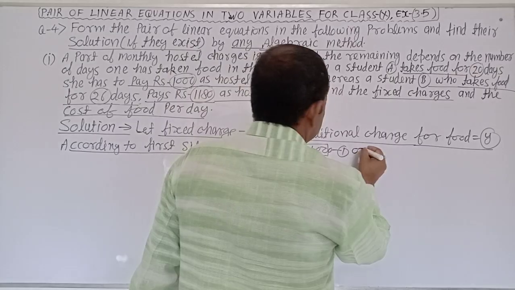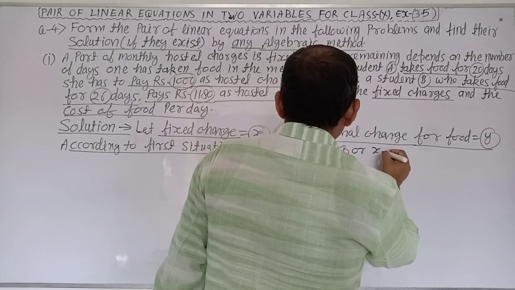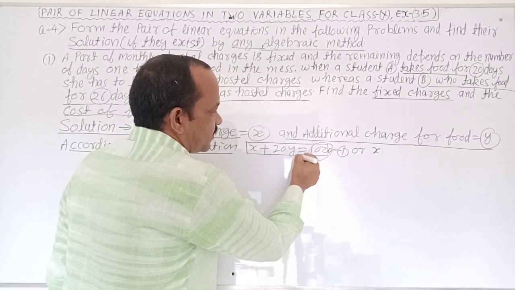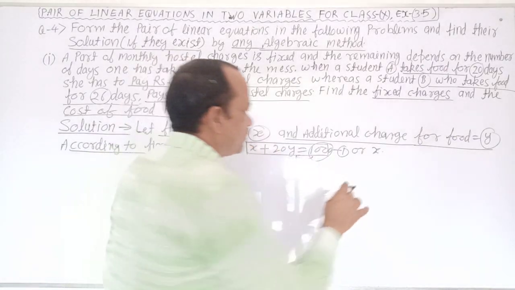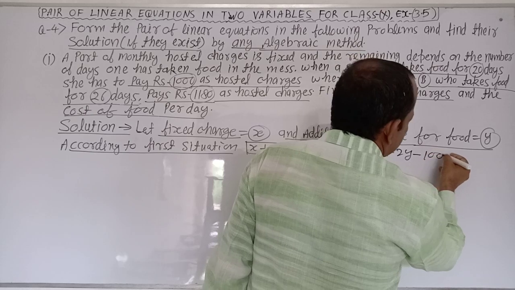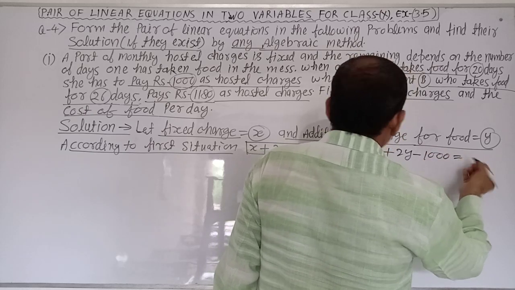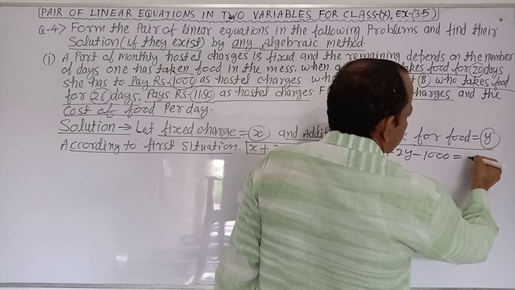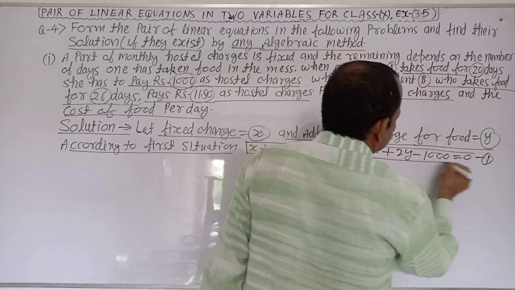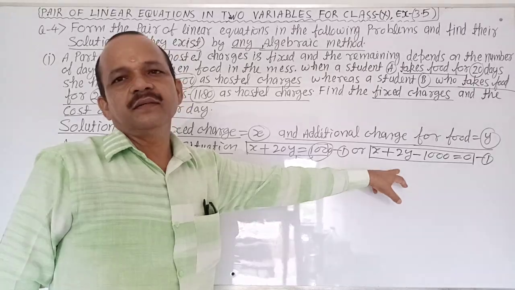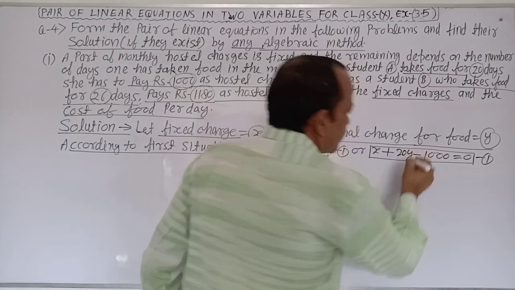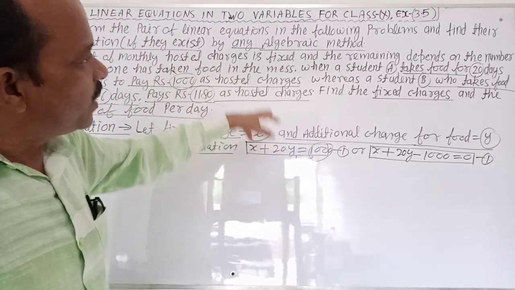Here 1000, you can write it on the left side of equal. X plus 20y minus 1000 equal to 0, equation. You find equation first by the help of the first situation.